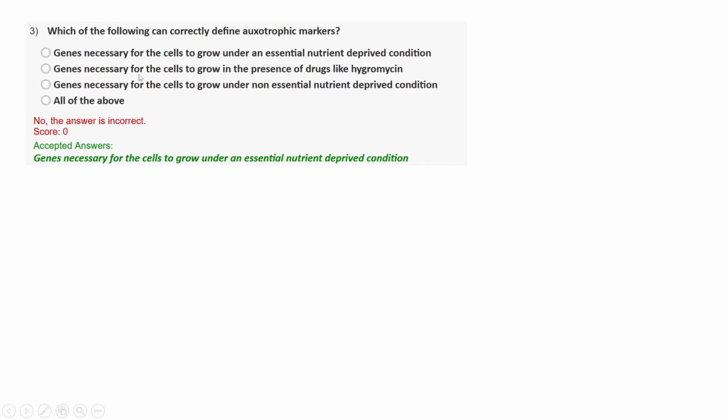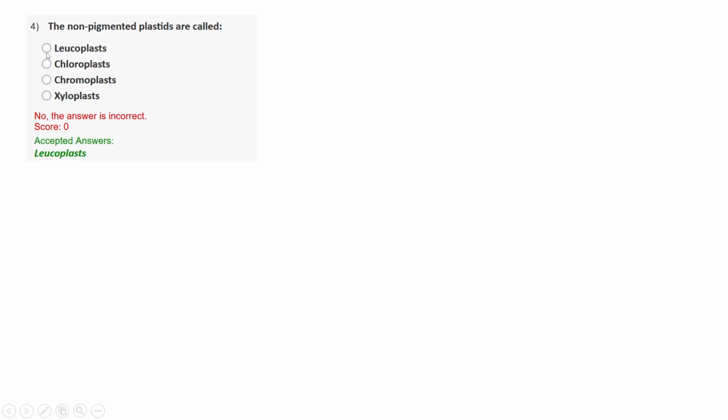Yes, this is correct. A gene necessary to grow in the presence of drugs like hygromycin? No, this is not correct. A gene necessary for cells to grow under non-essential nutrient deprived condition? No. The auxotrophic strain will grow in the essential nutrient deprived condition, not non-essential. So option A would be correct in this case.